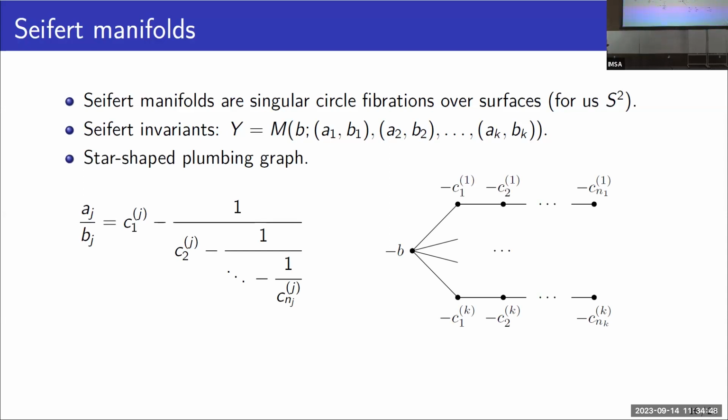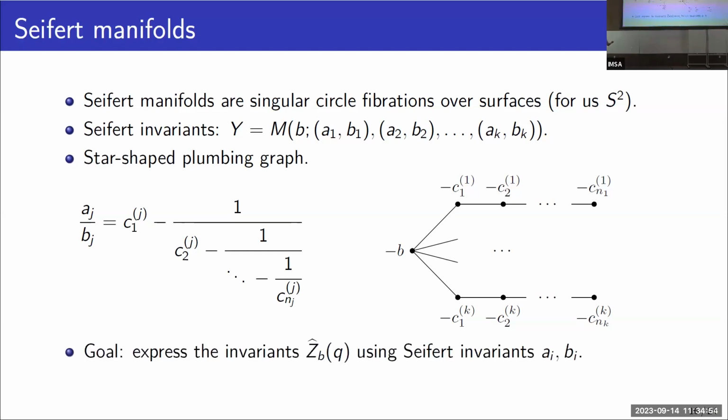And this is kind of ugly in the sense that the graph will be very big, but it's kind of nice in the sense that it's star-shaped. So it is really just one vertex, and then there are many legs, as many as the number of singular fibers. And the labels on the legs are given by continued fractions. So that's why it can get kind of big, because continued fractions can be very long.